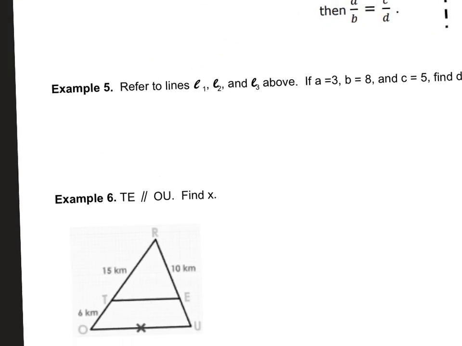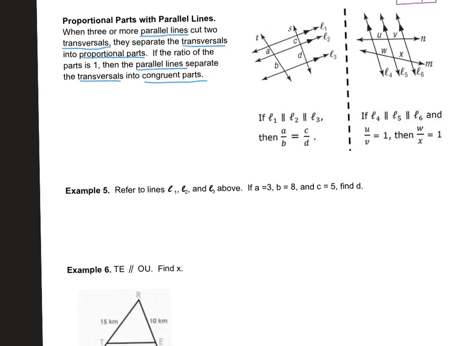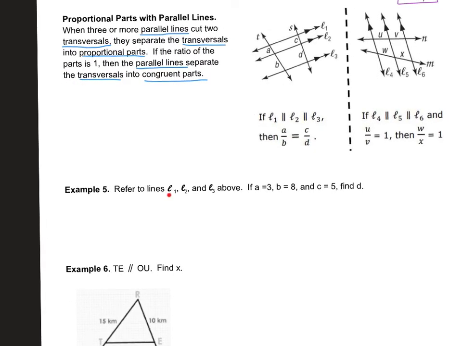Well, example 5, refer to lines 1, 2, and 3 above. If A equals 3, B equals 8, and C equals 5, find D. Well, lines 1, 2, and 3, so we're dealing with this figure here.